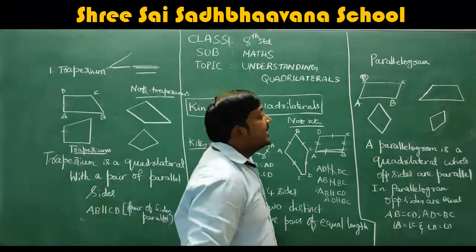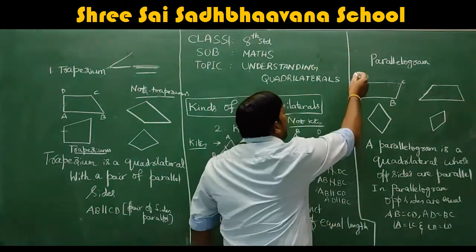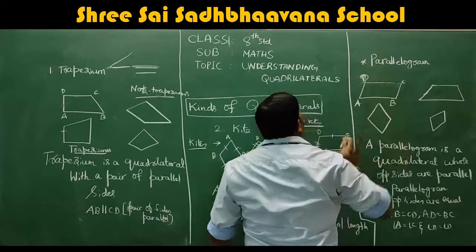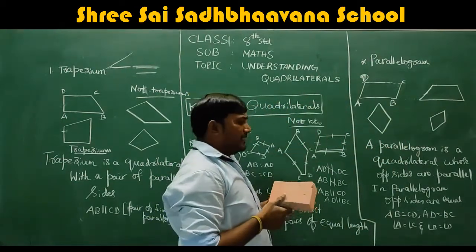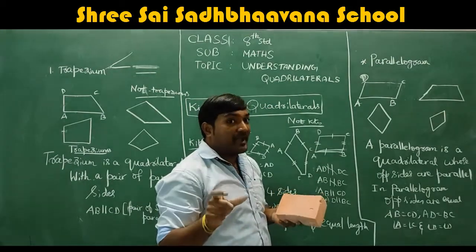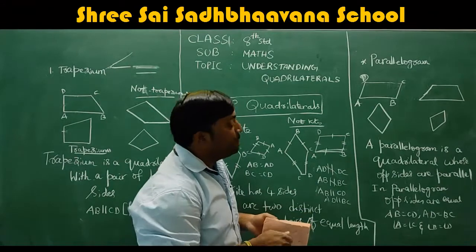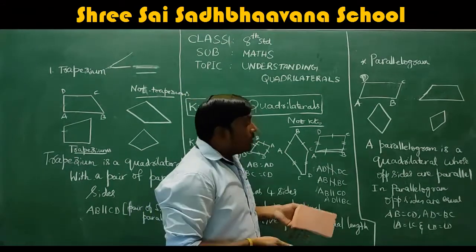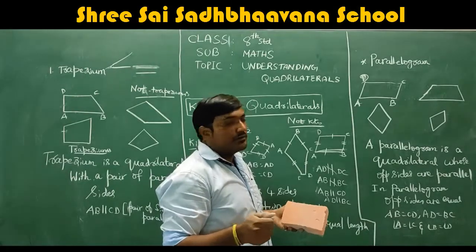Coming to the next one, the quadrilateral which is a parallelogram. A parallelogram is a quadrilateral whose opposite sides are parallel, and also in a parallelogram, opposite sides are equal. Remember this also.